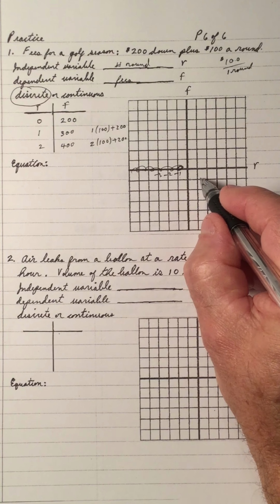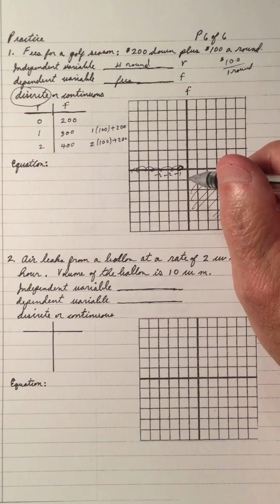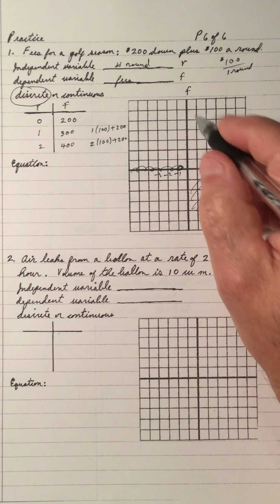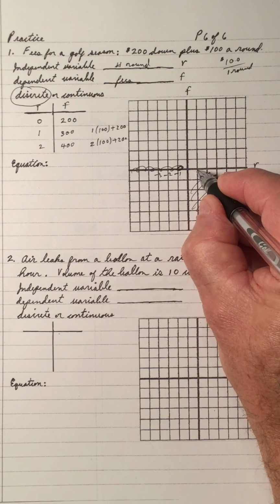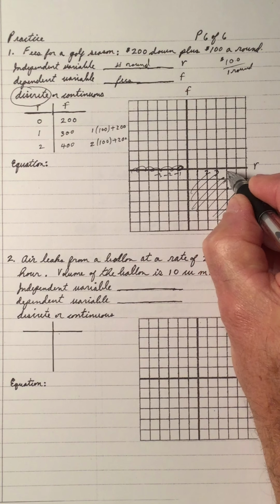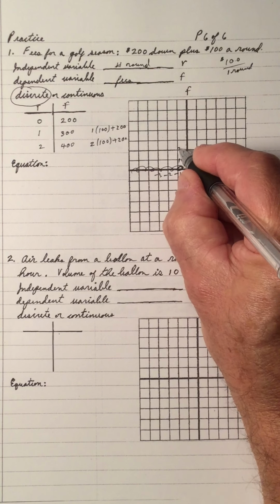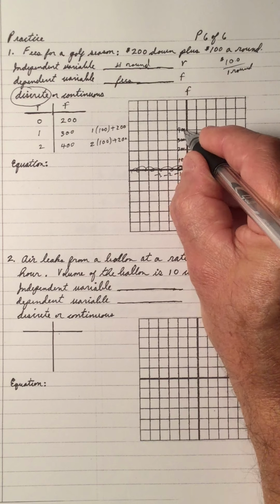And you can't be down here because the money you're paying is not negative. So your graph has to fit in here. So if you do 0, 1, 2, 3, 4, that's $100 instead of $300 and $400.